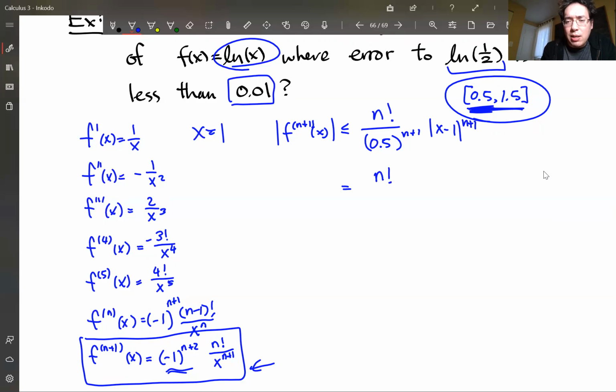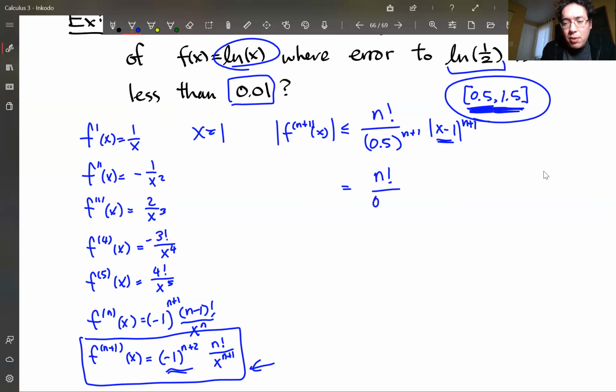Okay, let's see. Okay, I'm going to simplify this a little bit. Let's see, x minus 1 is going to be within 0.5, right? Sorry, we're looking at the interval from the point where it's tangent, which is 1, and the biggest difference you can get from 1 is going to be 0.5, because you're going 0.5 below and 0.5 above.